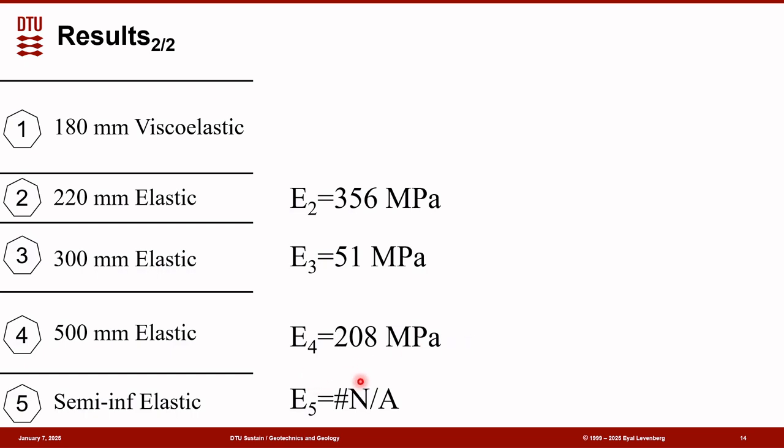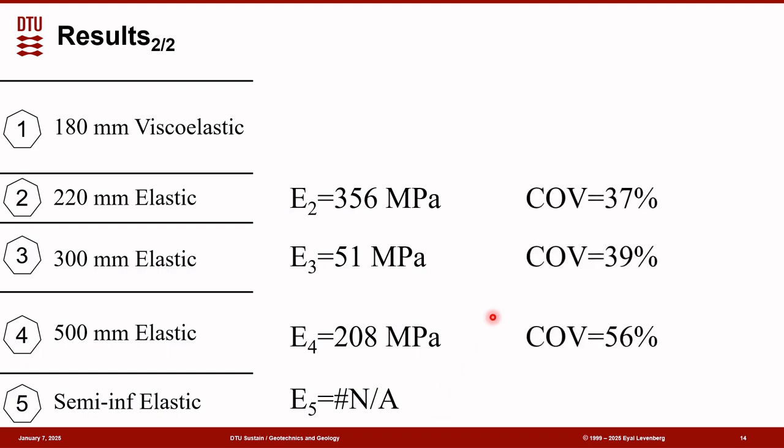And it was practically impossible to get a consistent result for the semi-infinite layer that supports the entire structure, because the back calculation algorithm tended to generate values that are unrealistically high. In terms of coefficient of variation, you can see that the coefficient of variation of this layer is 37%, and this one is 39%, and then 56% for the top part of the subgrade.